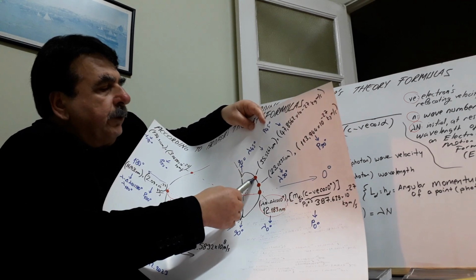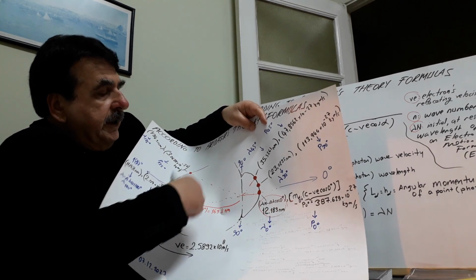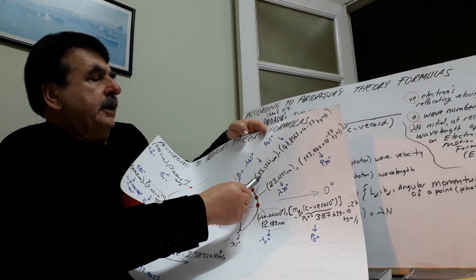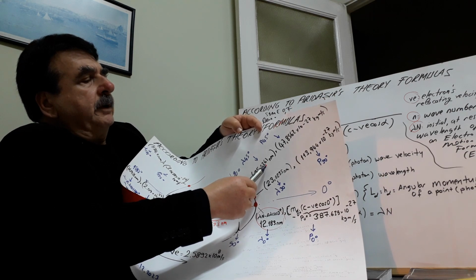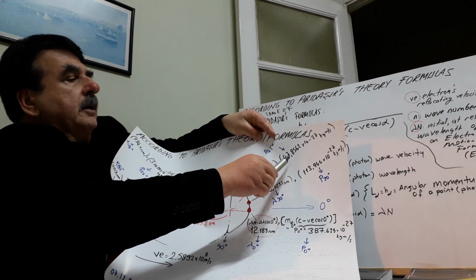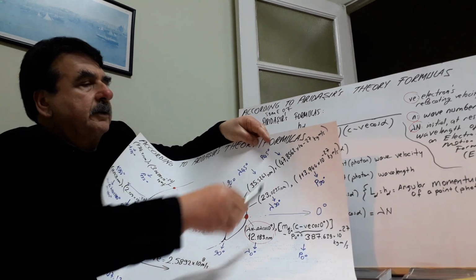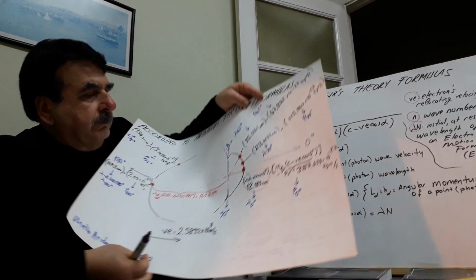The 45 degree photon, this point on the electron motion form: its position is 35.52 nanometer and its momentum is 47.85 10 to the minus 27 kilogram per second.